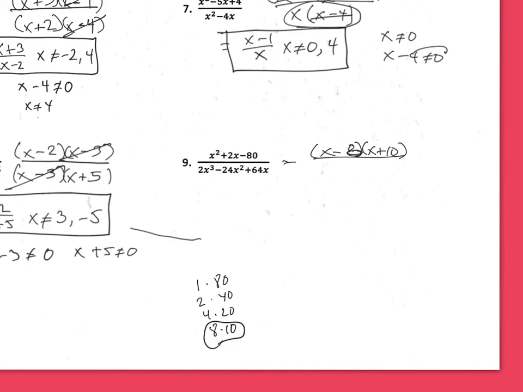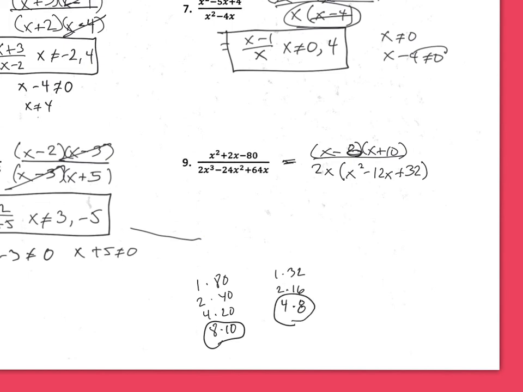In the bottom, we have a couple things going on. We're going to take out a common factor, which looks like 2x. So we get x squared minus 12x plus 32. Now we need factors of 32. 1 times 32, 2 times 16, 4 times 8. 4 and 8 works though, right?